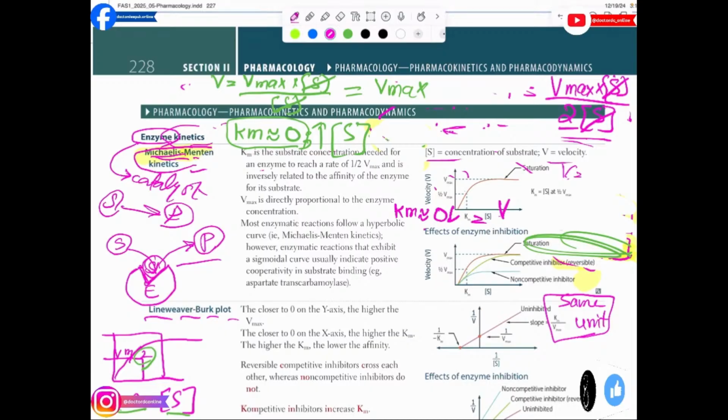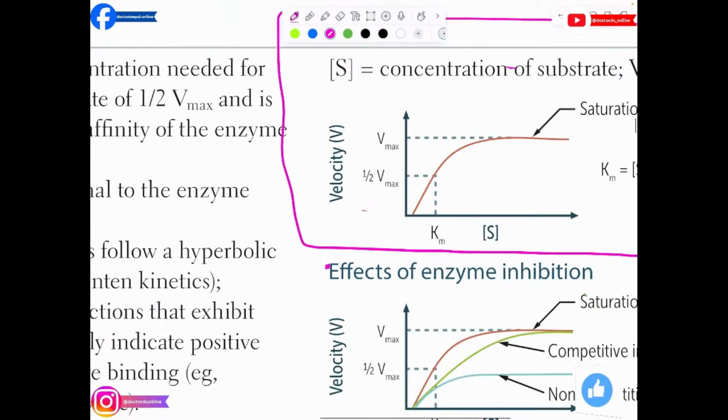Simply, this is a diagram or graph. They show you here that V equals the reaction velocity, or how much product you are getting in how much time. Km is the constant.